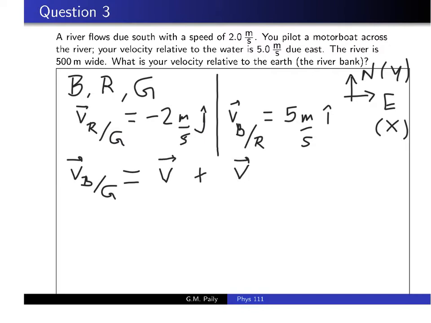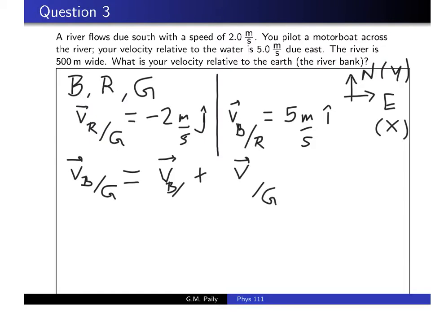We draw the slashes, and then we remember if B is on top over here, B will be on top over here. If G is below over here, then G will be below over here.